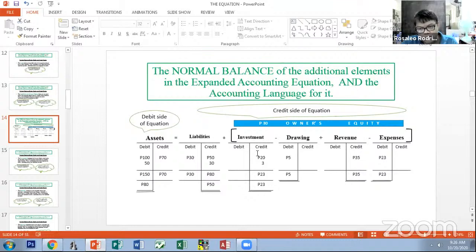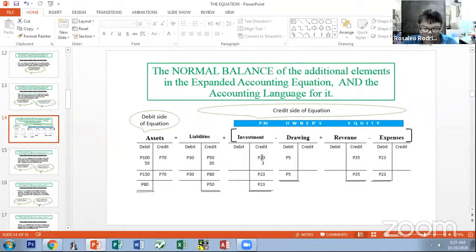So to have a process of addition, increase, there must be the owner's equity and the investment account, which affects the owner's equity, must have the same sign, a credit sign. So increases in investment increase the owner's equity, and must have a normal balance of credit also.